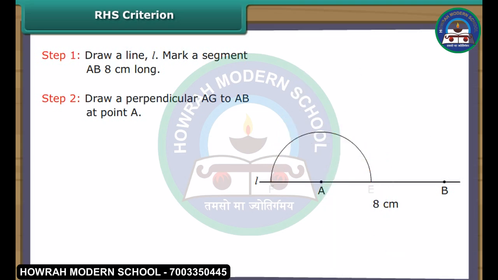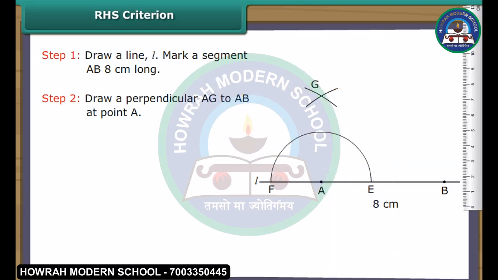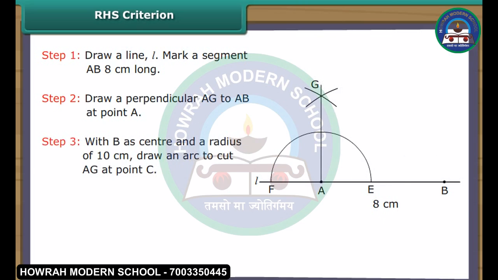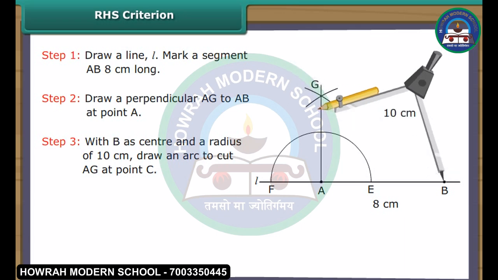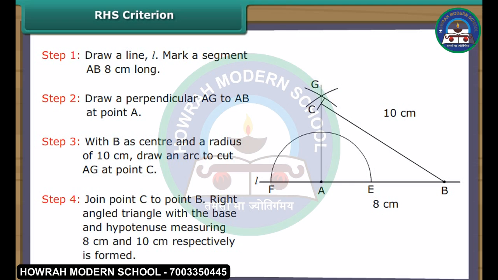Draw a perpendicular AG to AB at point A. With B as center and a radius of 10 cm, draw an arc to cut AG at point C. Join point C to point B. Right-angled triangle with a base and hypotenuse measuring 8 cm and 10 cm respectively is formed.